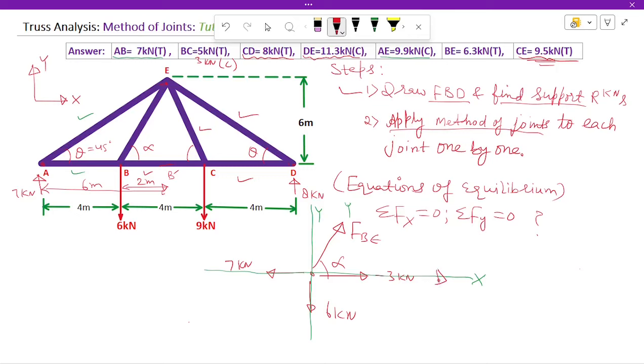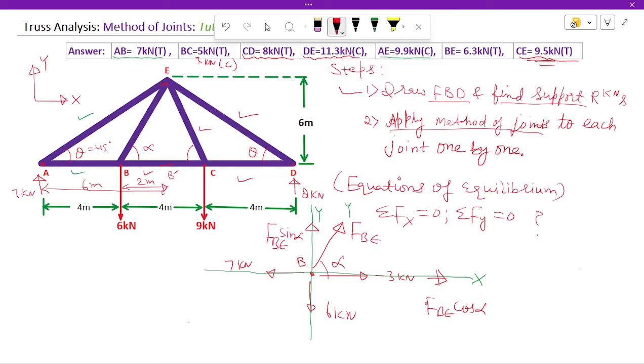This is the x component, FBE cosine of alpha. This is the y component, FBE sine of alpha. So this is the free body diagram of this joint B. Did we miss anything? I think we did not miss anything, so let us apply these equations again.